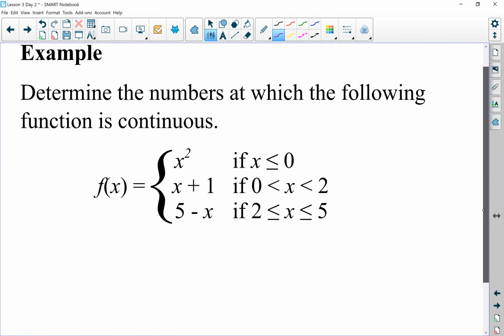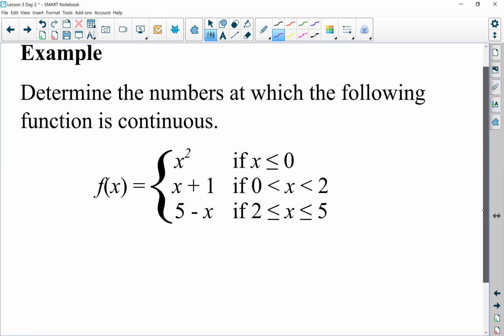Sine and cosine are continuous for all real numbers. Even roots are continuous as long as the thing we're taking the root of is not negative. And then we have some special cases with logarithmic functions. But what we need to be careful of here, again, is to find where it's not continuous and then deal with everything else.